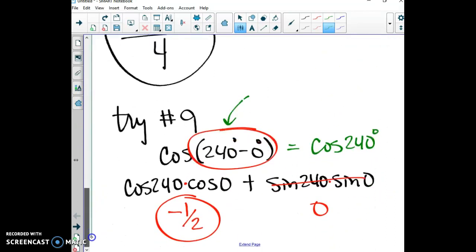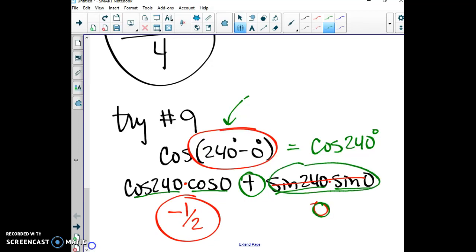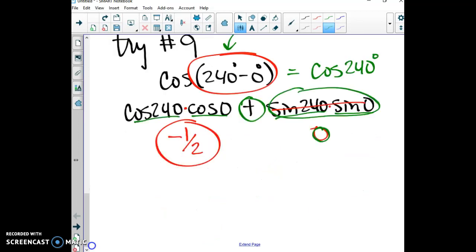So we're going to go ahead and plug that in. Cosine u, cosine v, plus sine u, sine v. And we know the sine of 0 to be 0, making this entire product 0. We know cosine of 240 is negative 1/2, and the cosine of 0 is simply 1.